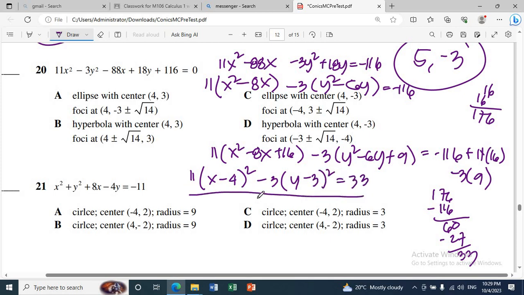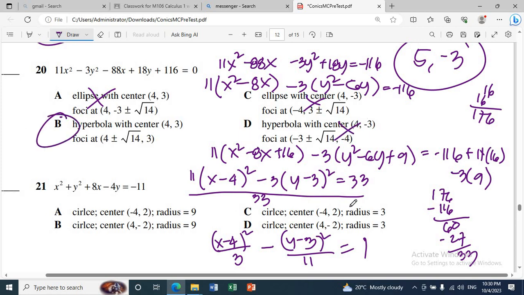We can divide everything by 33 and we have (x minus 4) squared over 3 minus (y minus 3) squared over 11 is equal to 1. So this is a hyperbola. Your center is 4, 3. Hyperbola, center is 4, 3. This is wrong. This is wrong. This is wrong. Number 20 is letter B.